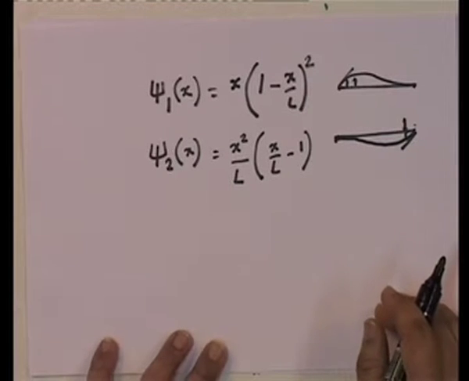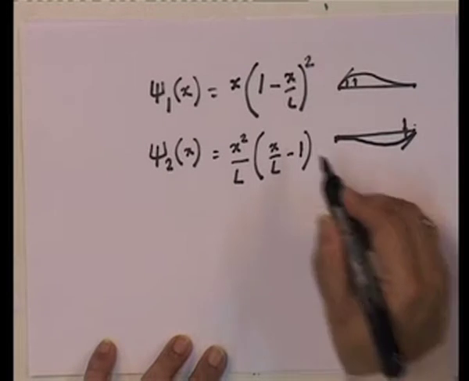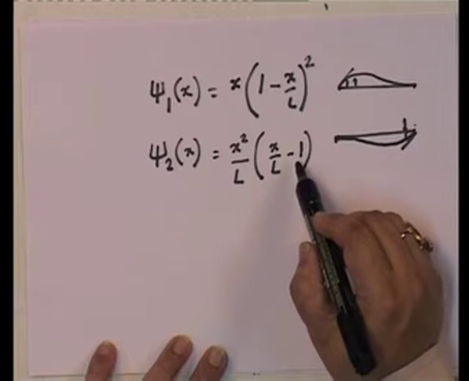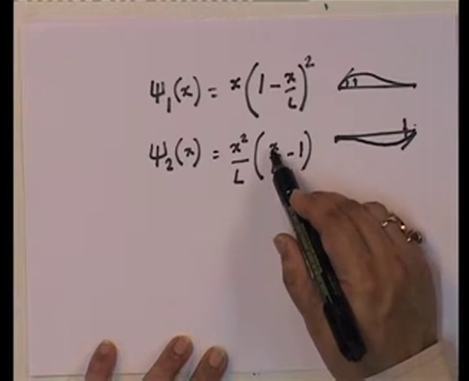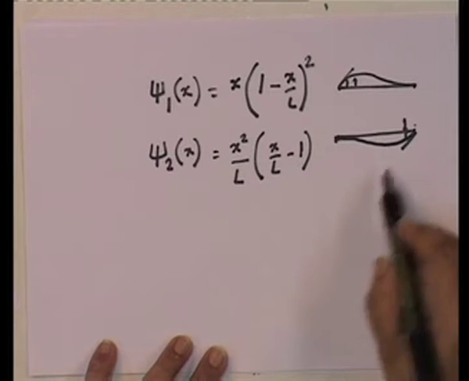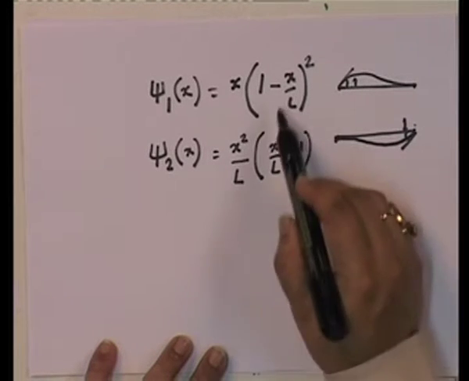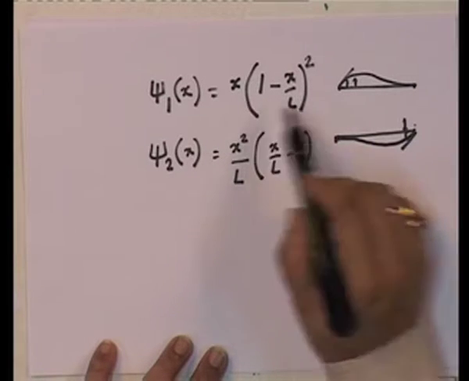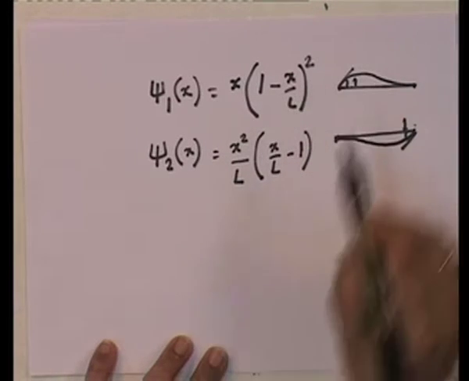Now, why is it x by L minus 1? Because if you put in any value of x which is less than L, this becomes negative. Here if you put x anything less than L, you will get positive, as you see this is positive.